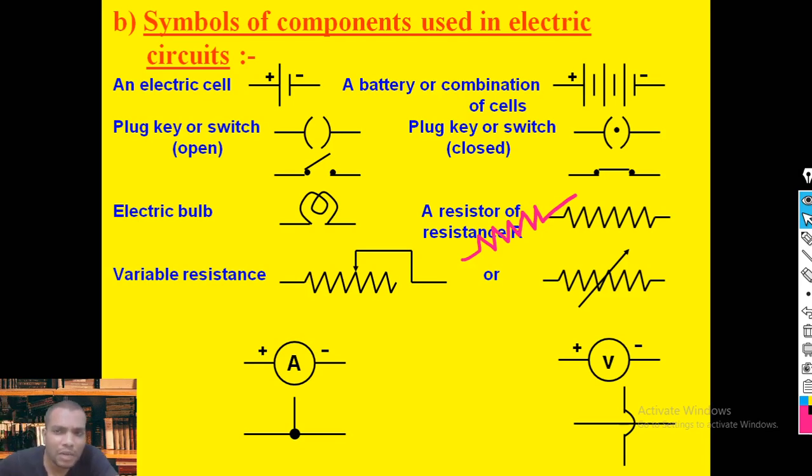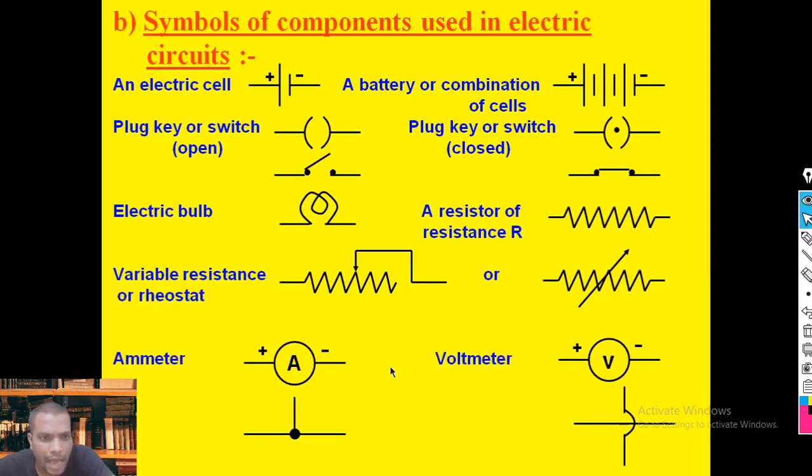For the variable resistance symbol we use the same resistor symbol along with a crossed arrow mark. So this is the symbol for variable resistance. This is a new character for us. For a moment, take it as granted. I will make you understand it in the coming classes.